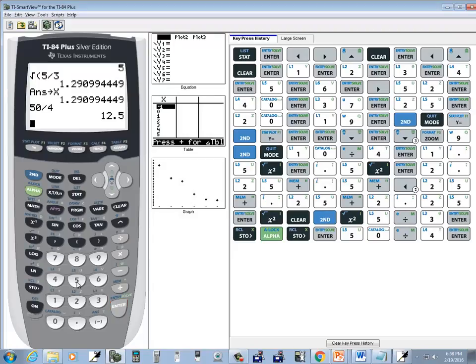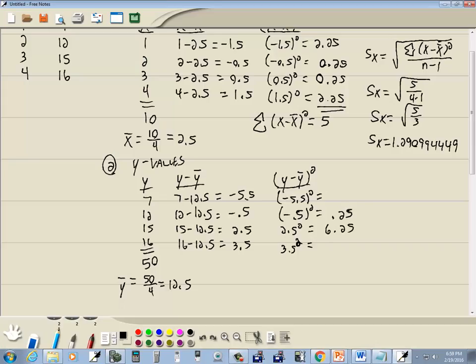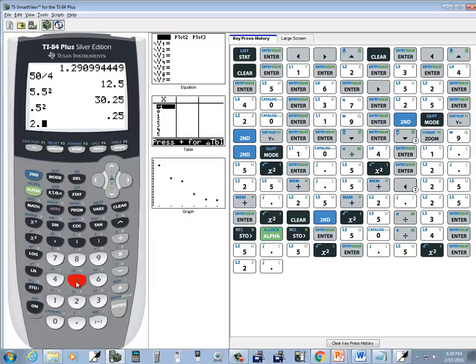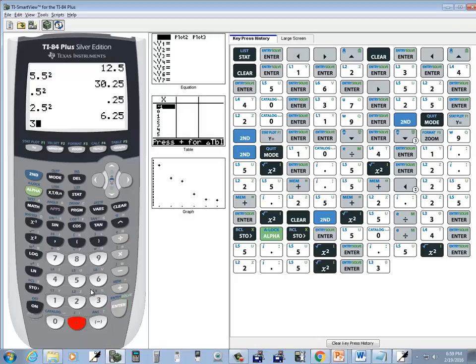Let's see. 5.5 squared is 30.25, 0.5 squared is 0.25, 2.5 squared is 6.25, and 3.5 squared is 12.25.